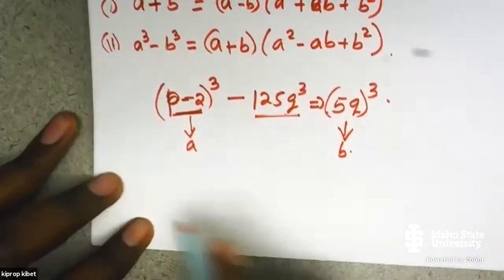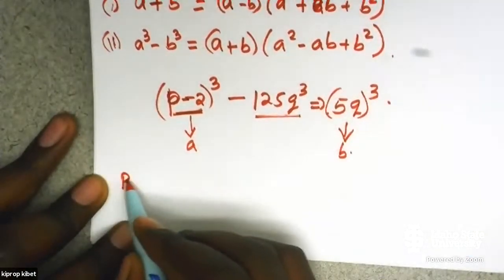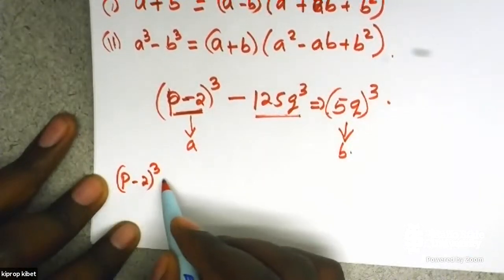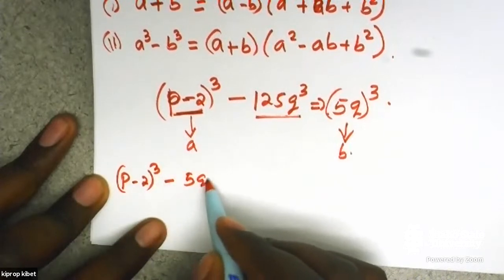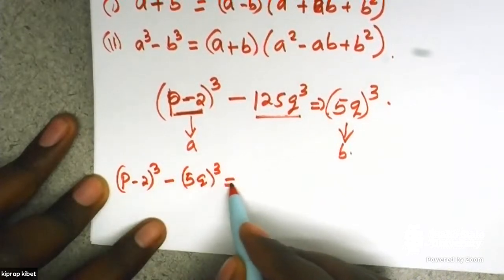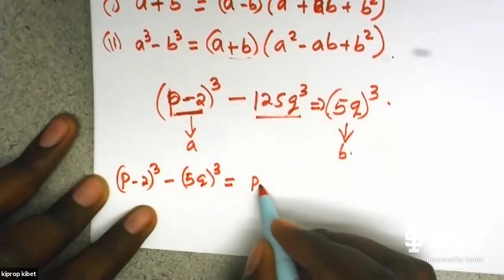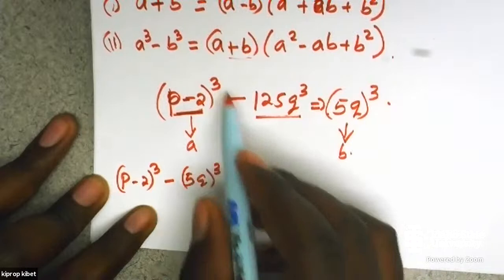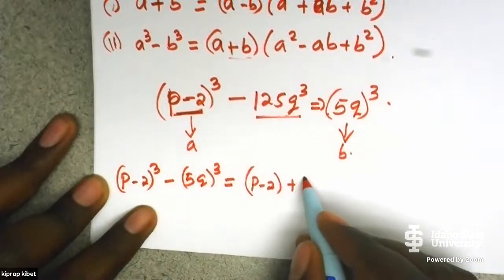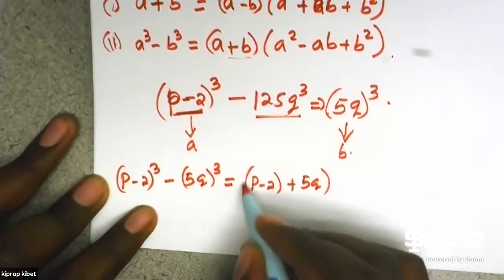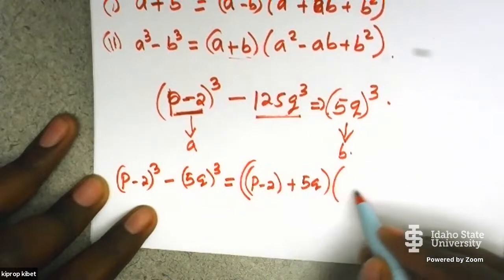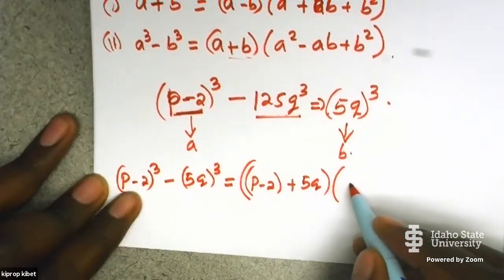So therefore, P minus 2 cube minus 5q cube is now equal to, we use the second one here, P minus 2 plus what? 5q. And then A is what?